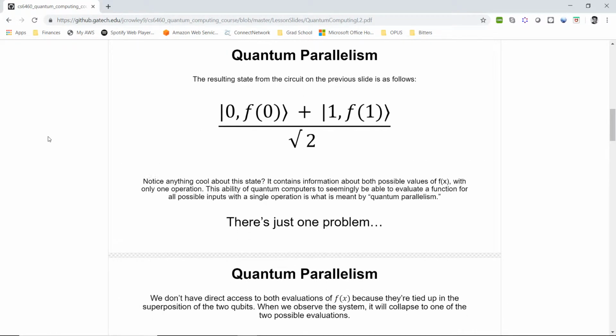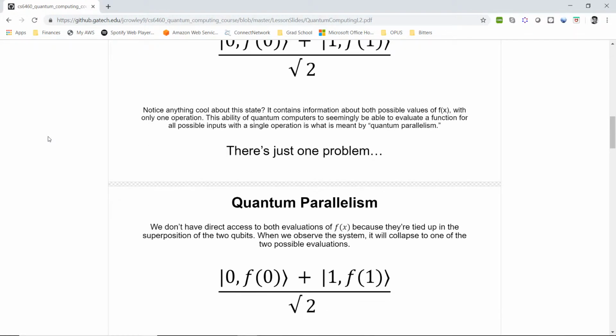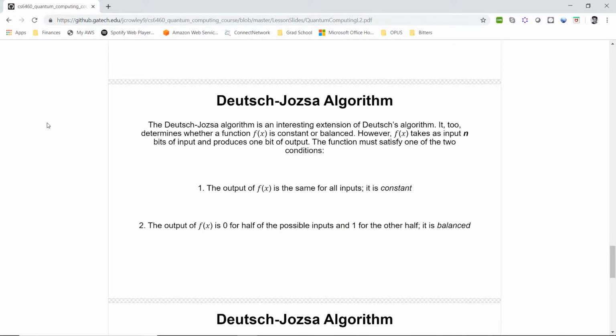So it provides evidence that quantum computers may be fundamentally more powerful than classical computers. The Deutsch-Jozsa algorithm is able to solve a similar problem, but it's able to solve it exponentially faster than what we can currently do with the best known algorithms on a classical computer.